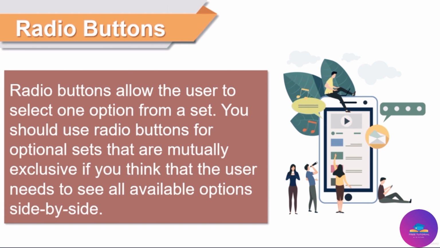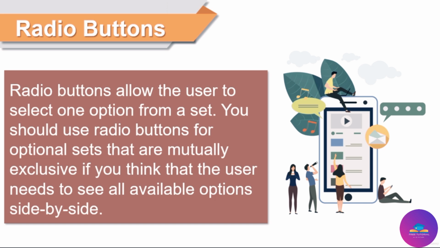So radio buttons are separate from checkboxes with this feature, right? For example, you can use radio buttons on a test application where there's only one answer. The user can choose only one option from the answer. Yeah? You can use radio buttons to get information from the user, sort of like checkboxes.